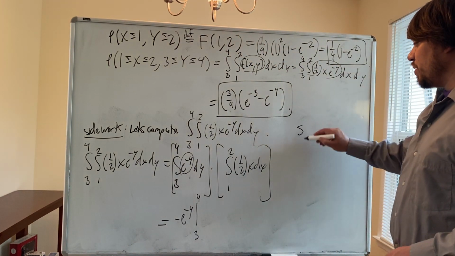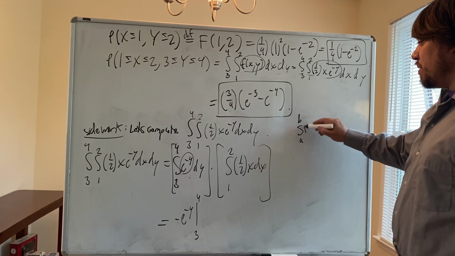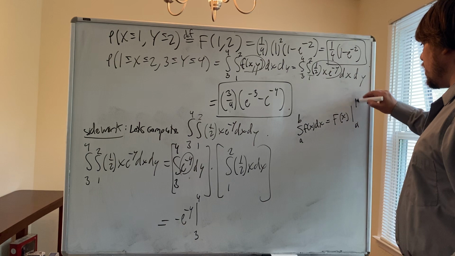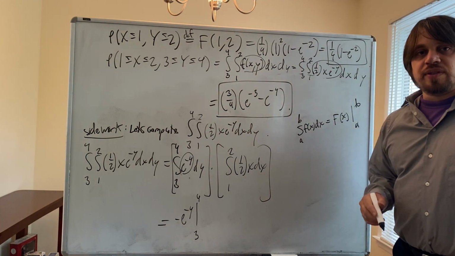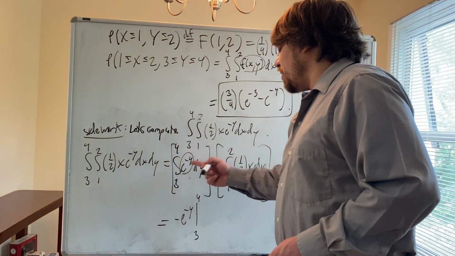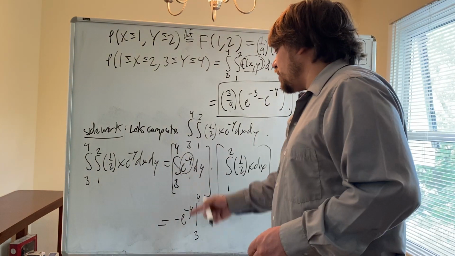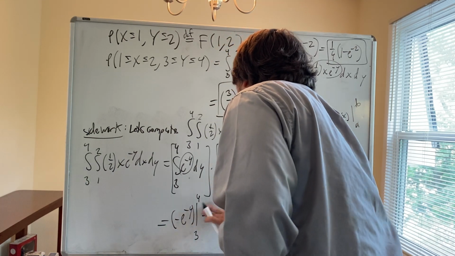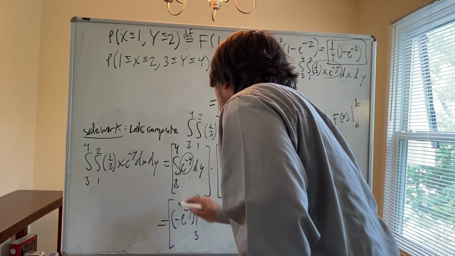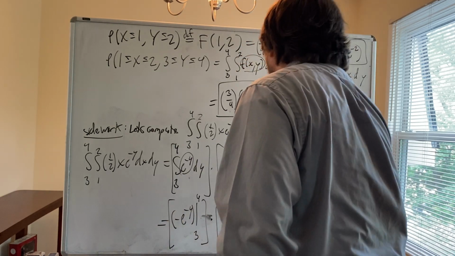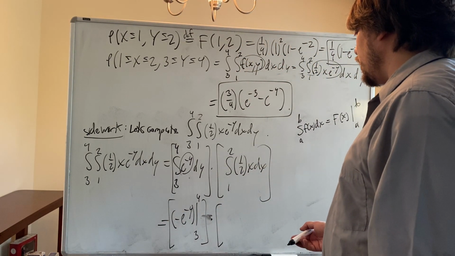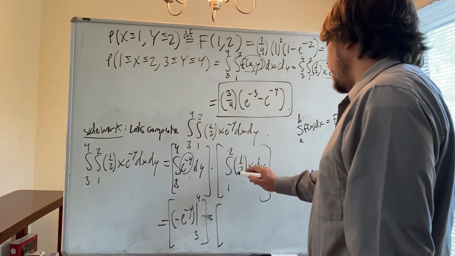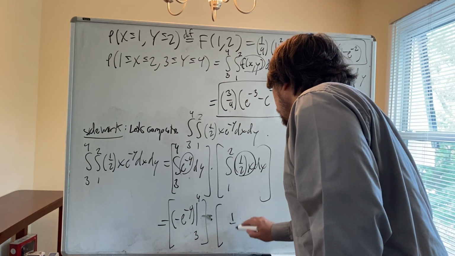The fundamental theorem of calculus says if you want to compute a definite integral from a to b of little f of x dx, it's equal to capital F of x evaluated from a to b, where capital F is an antiderivative of little f. So this is an antiderivative of the integrand, and you evaluate from the lower limit to the upper limit. That's the first bracket, times now an antiderivative of 1/2 x, which is 1/4 x squared.